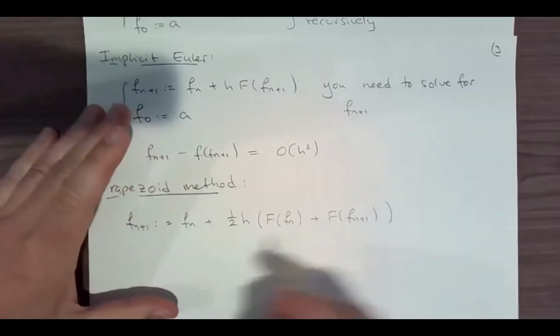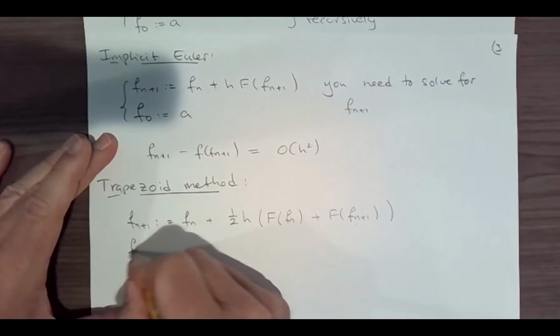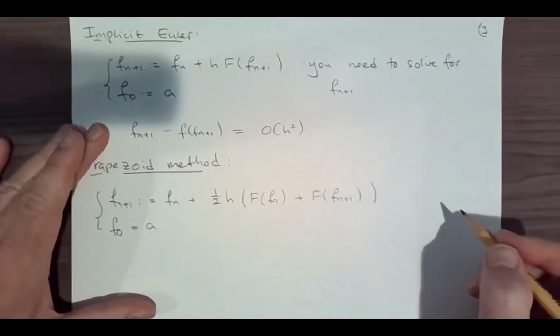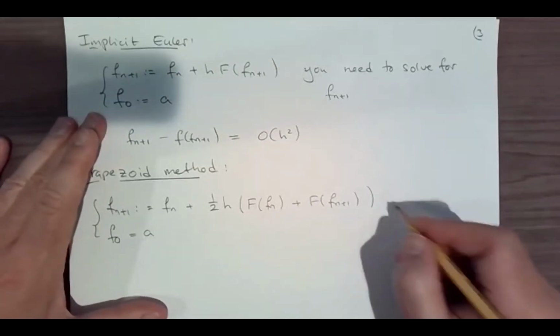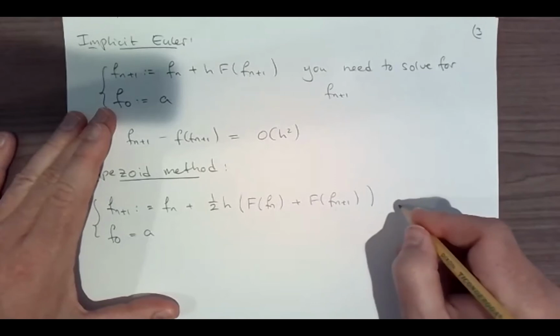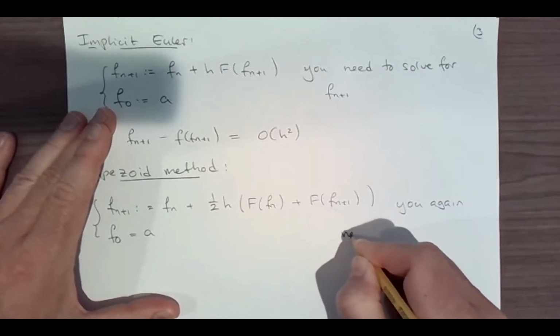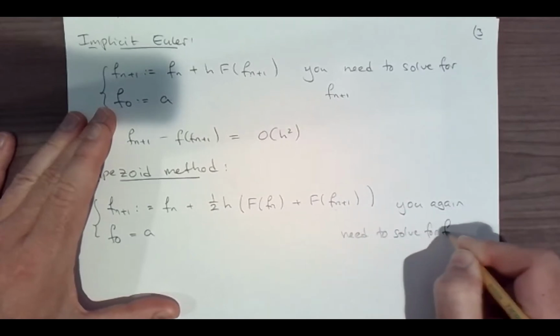So this is again implicit because you have Fn plus 1 on both sides, and you start out at whatever initial point, we call it A. You again need to solve for Fn plus 1.